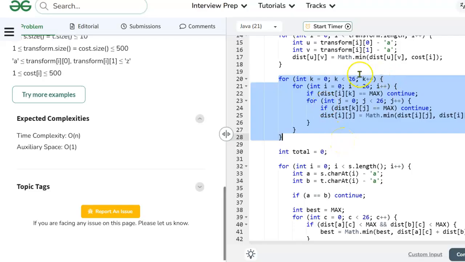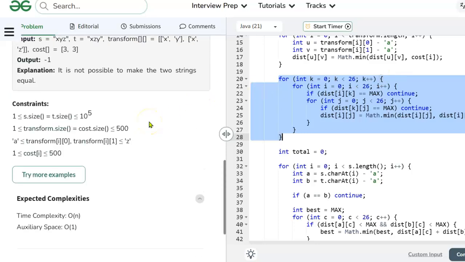But in this case, no matter what the length of the strings is, these loops are always going to go from 0 to 26. So you can say that is a constant time algorithm, even though it's going to be a big number: 26 squared, well, 25 squared is 625, times 25 is about 12,000.